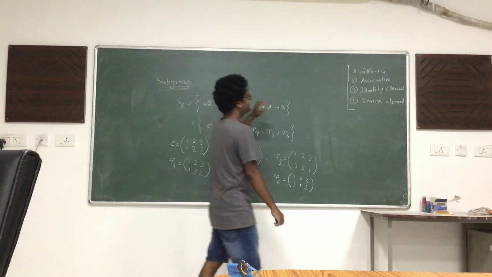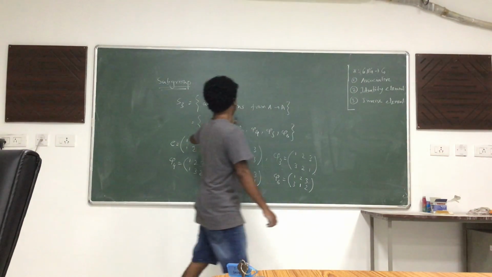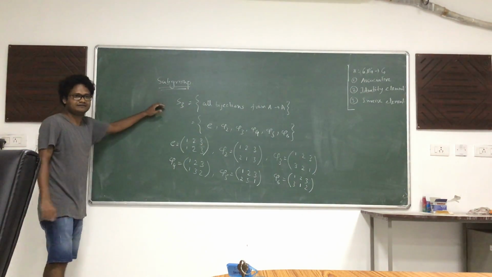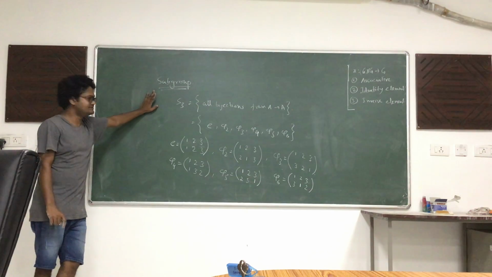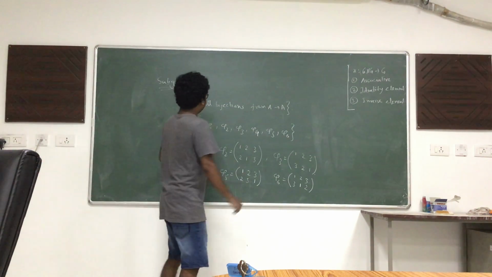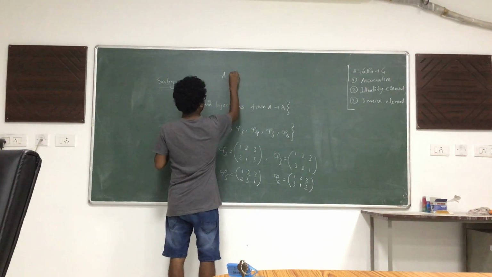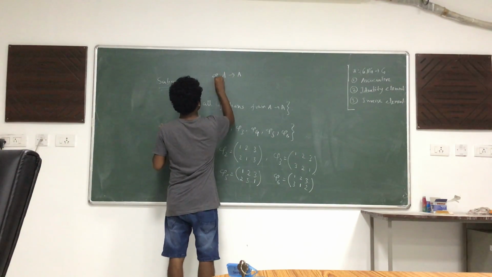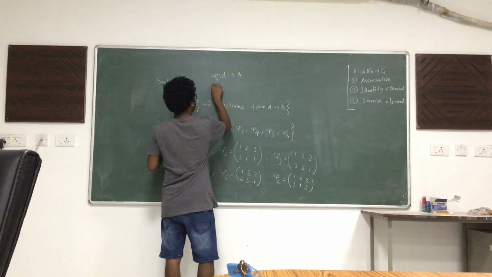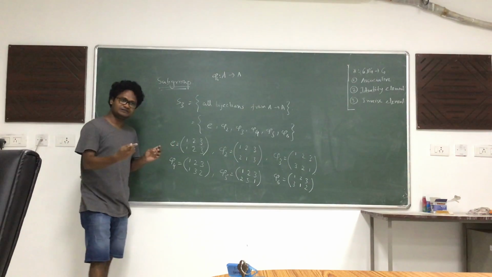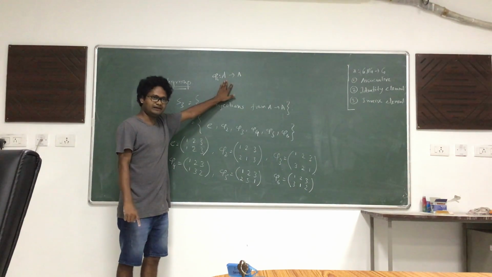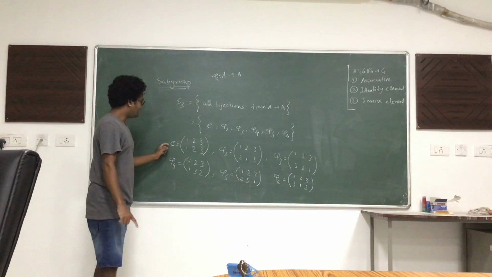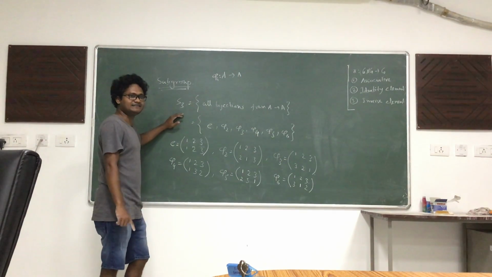What is the binary operation here in S3? The phi i's are the permutations of the elements of A. But what is S3?